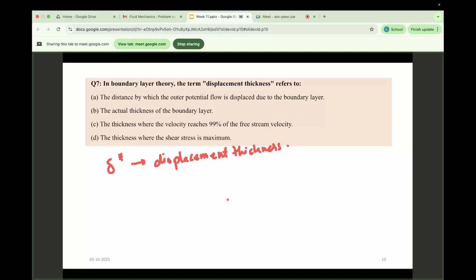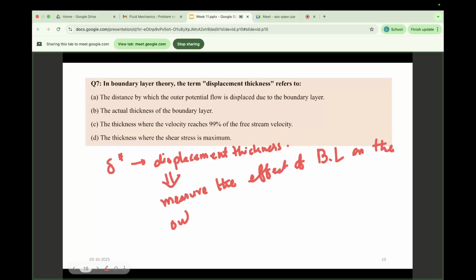It helps to measure the effect of the boundary layer. So remember this: it measures the effect of the boundary layer on the outer inviscid flow. So that is the fundamental of displacement thickness.